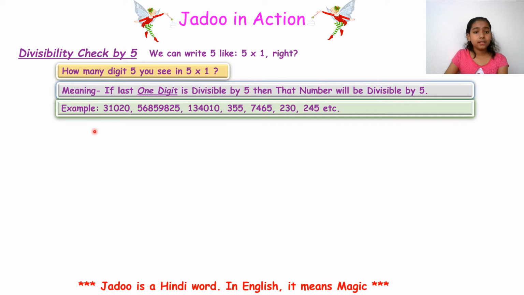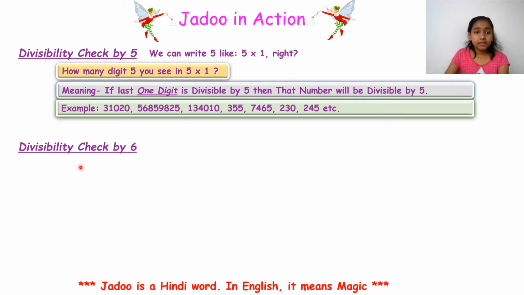For example, you have to see the last digit from the right, which is 0, and 0 is divisible by 5, so this number is divisible by 5. Here the last digit is 5, which is divisible by 5, so this number is also divisible by 5, etc.